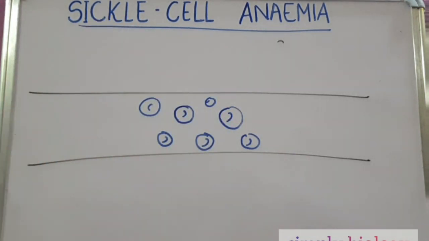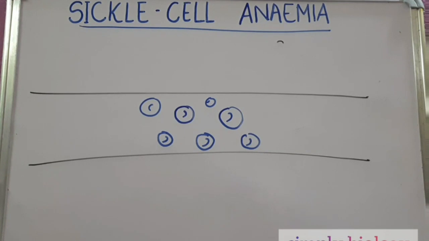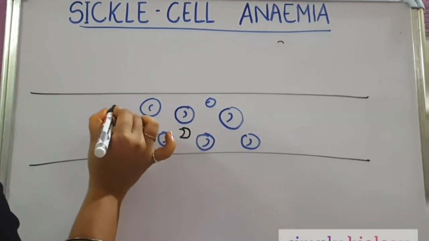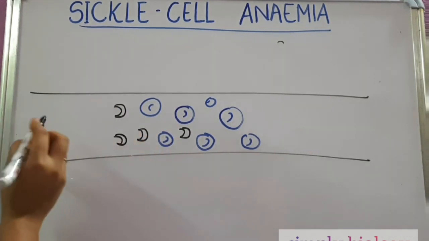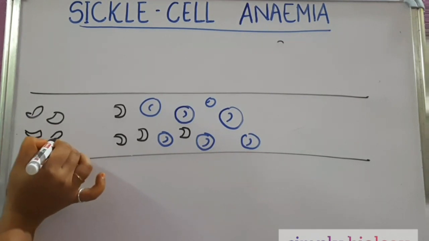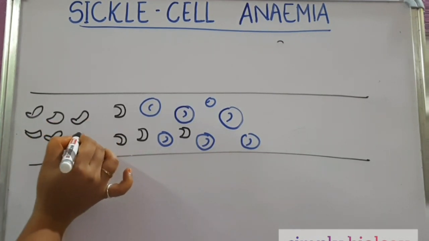But during sickle cell anemia, the sickle shaped cells prominently block the flow of blood.